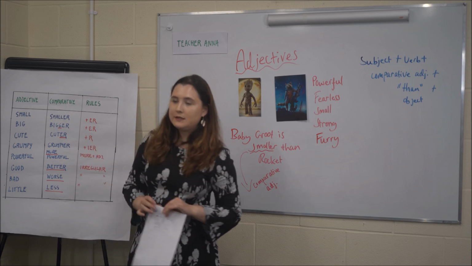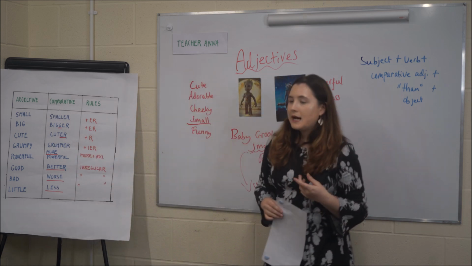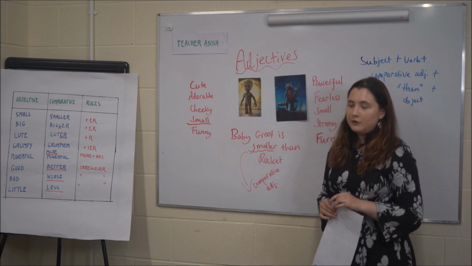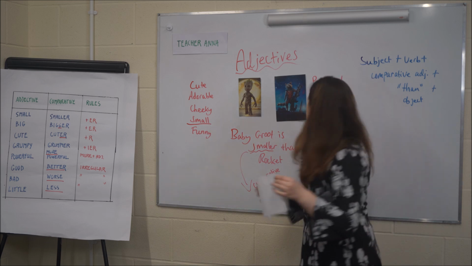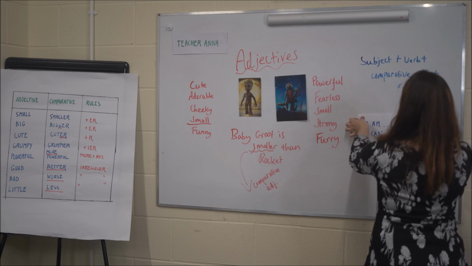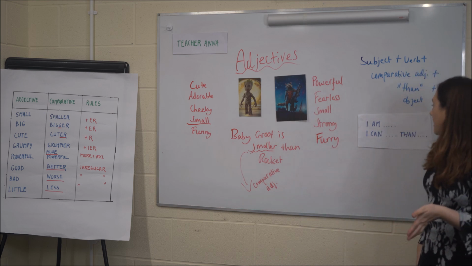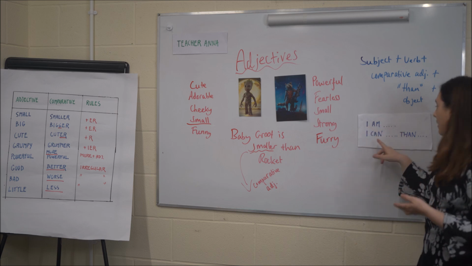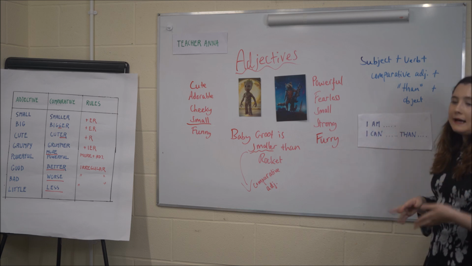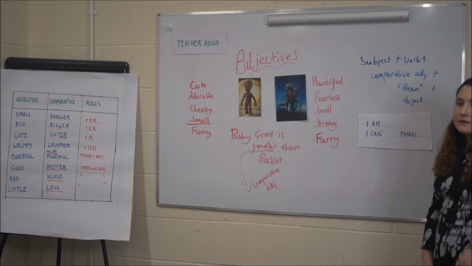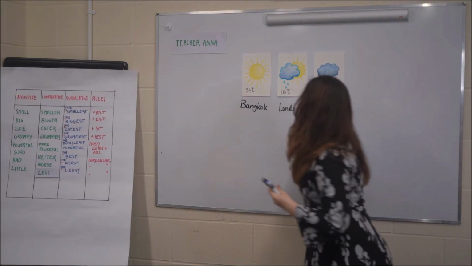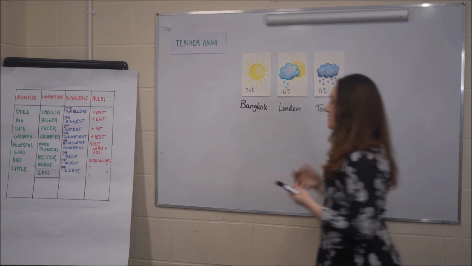There's no way around it. So for the speaking task, you're going to be a superhero, your own superhero, and using this sentence structure, in pairs, you're going to discuss, and you're going to say who you are, and then, for example, I can fly higher than anybody else.